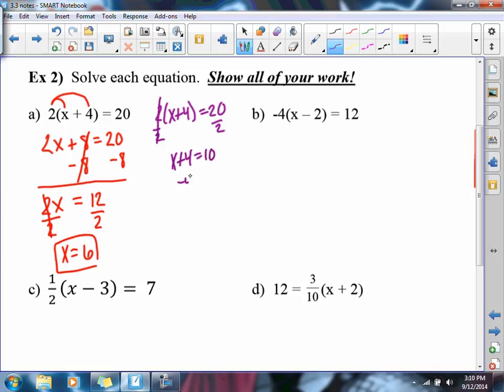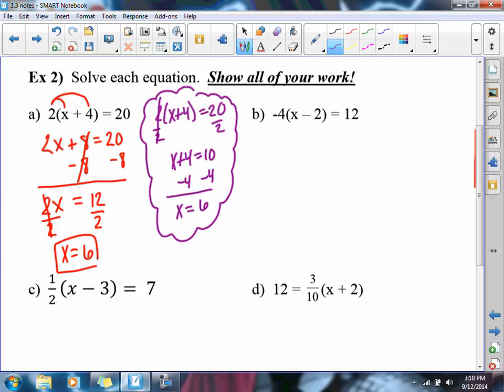And then you could subtract 4 from the x and from the 10, and you would get x equals 6. So that is another completely correct way to do the problem. Instead of distributing, you're dividing by that number out front. But again, we want you to practice those distribution skills from chapter 1. So we're just going to say that the best way to do this problem is to distribute first.